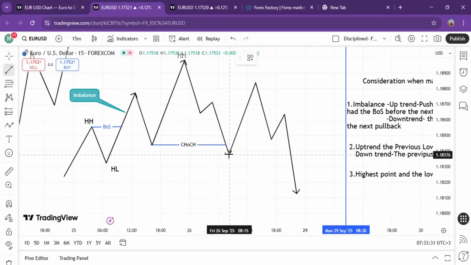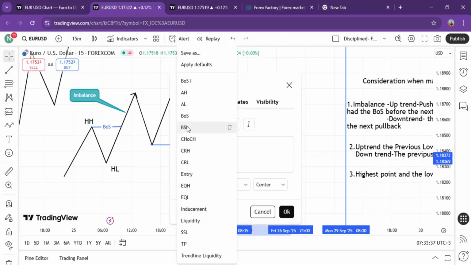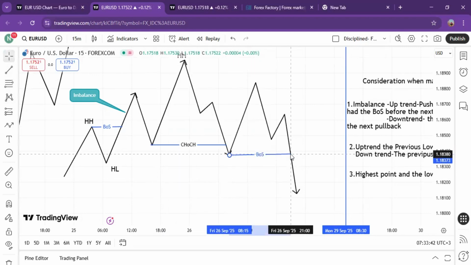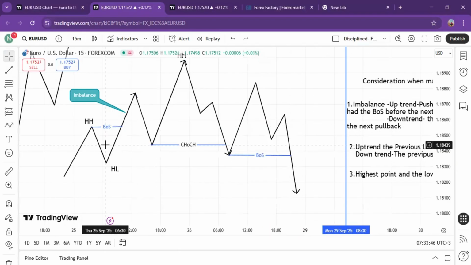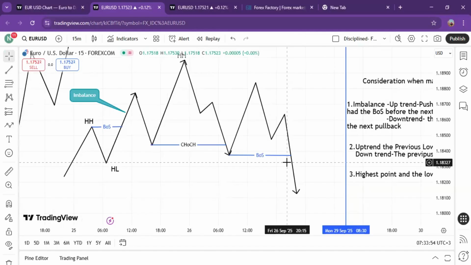And this break of structure here is now a confluence to indicate that initially we were from an uptrend, and now we have entered into another market direction, that is the downtrend market.